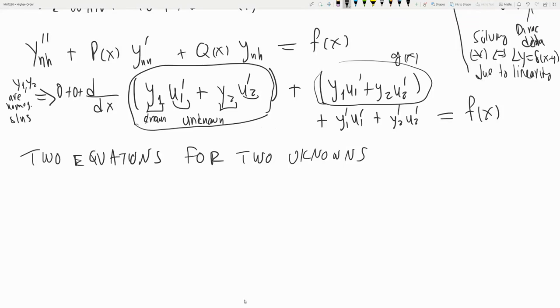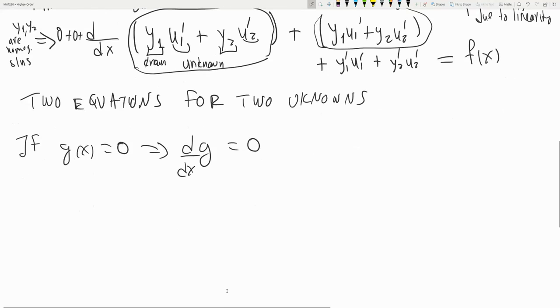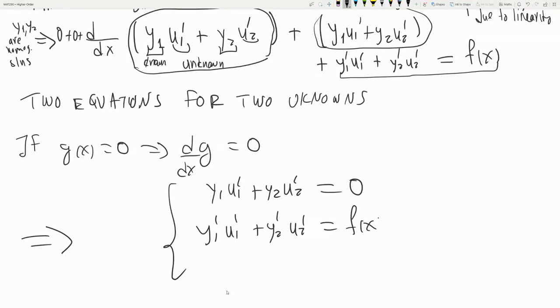If g of x is 0, then its derivative is also 0, so both of these terms disappear. So we get the following system: y1 u1' + y2 u2' = 0. That's g. And then what's left here: y1' u1' + y2' u2' = f of x.